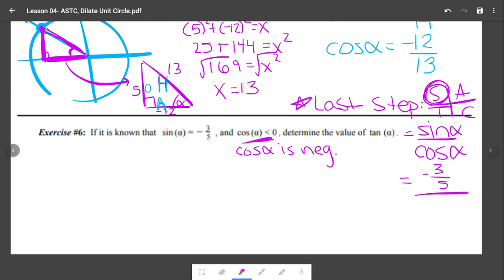Now, if you remember, we do have a formula that uses sine and cosine in it. It is our Pythagorean identity. We used it on the second question we did. So I'm going to use that here to help me find cosine. So sine negative 3 over 5.